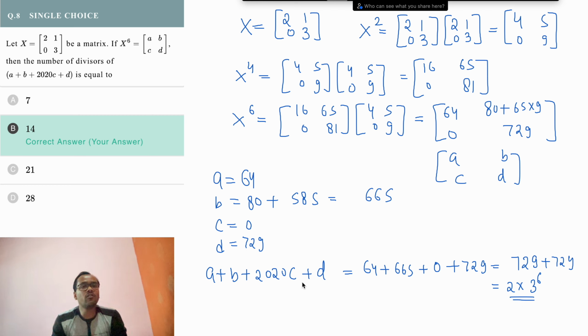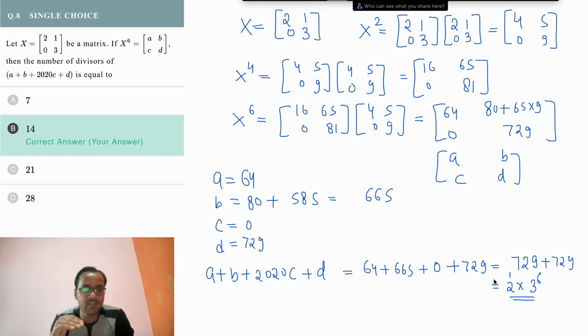Now the number of divisors of this. The formula for finding the number of divisors is, you just write the prime factorization that we have already written. Look at the exponents of prime numbers 2 and 3. The exponents of prime numbers 2 and 3 are 1 and 6.